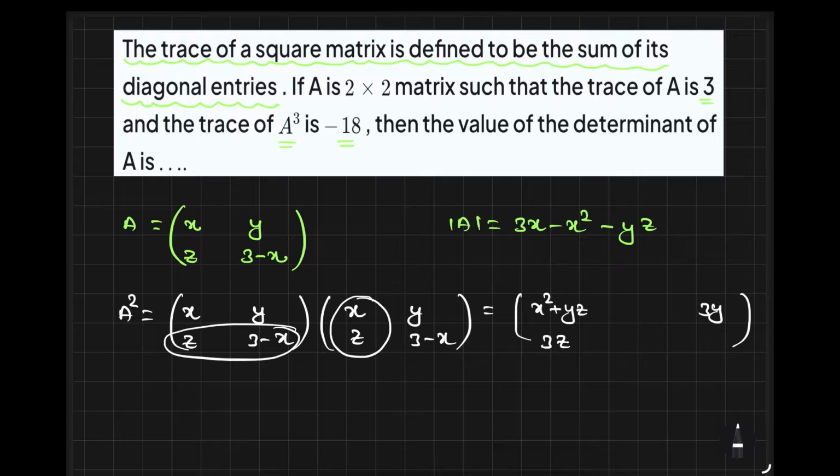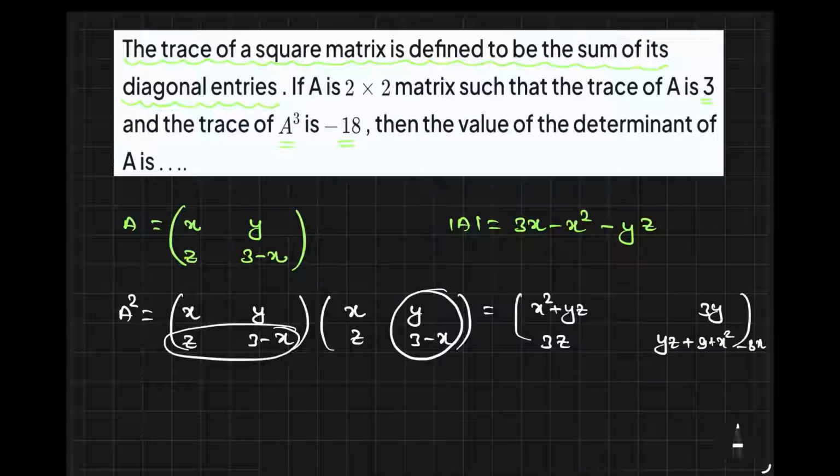Now to get this element, we multiply this with this. So it is yz and then 9 plus x square minus 6x. Correct? So I will write this carefully: yz plus 9 plus x square minus 6x. This is your A square.